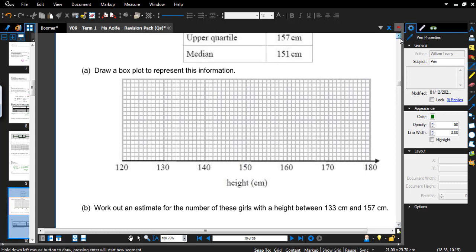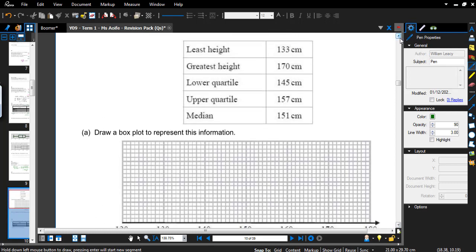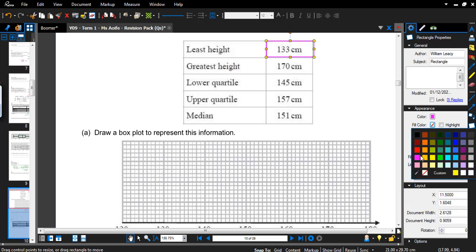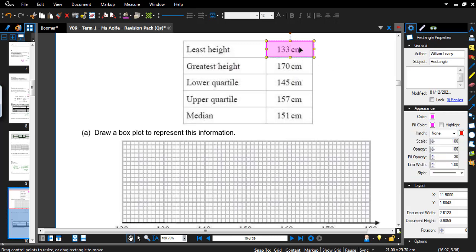133 and 157. Right. Well, you can see straight away that 133 is the minimum height, isn't it? It's the minimum height. And then 157 is the upper quartile.